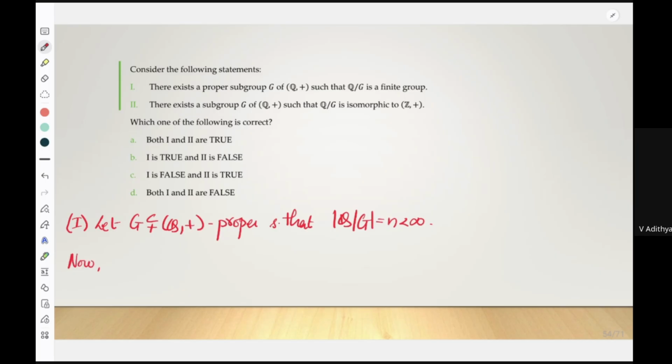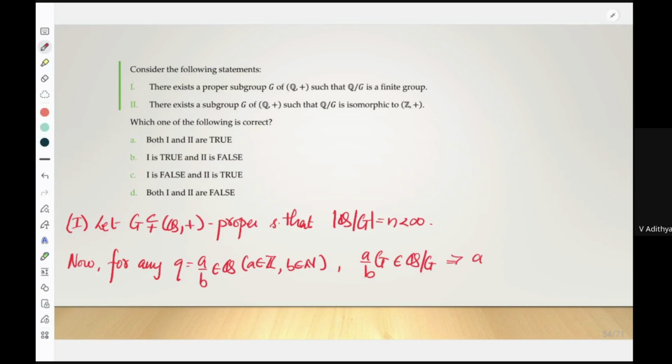Now for any q equals a by b in Q, where a is an integer and b is a natural number, a by b is an element of Q mod G, that is, a by b plus G. This implies (a by b plus G) to the power n is equal to G, since Q by G has order n.